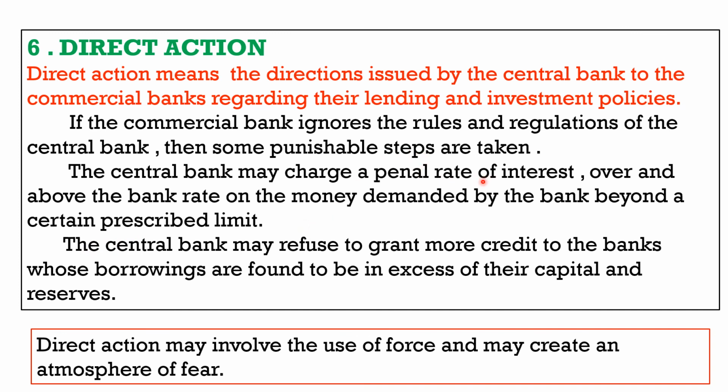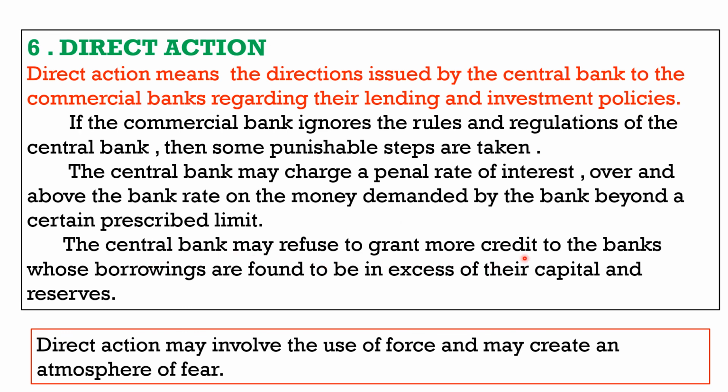So they have to pay a certain penalty if they don't follow the rules. If you cross your limits, you'll definitely have to listen to something from your parents, which I hope you people also do. Similarly, these commercial banks will pay some penalties if they don't abide by the rules and regulations framed by the central bank.